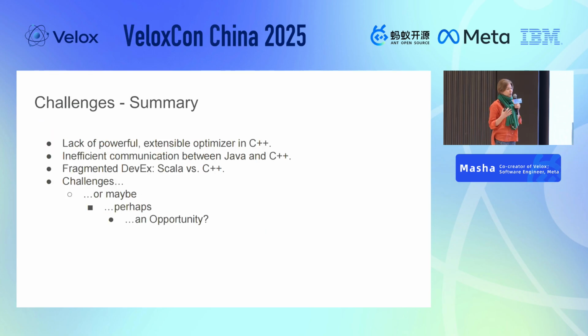And what we are also seeing is that for AI data training, we currently have an optimizer that's lacking a bit of power. It's not as powerful as the Spark optimizer or the Presto optimizer, but at the same time it has some AI-specific functionality which is missing in those other systems.